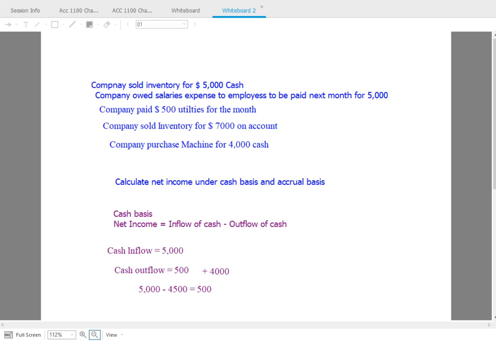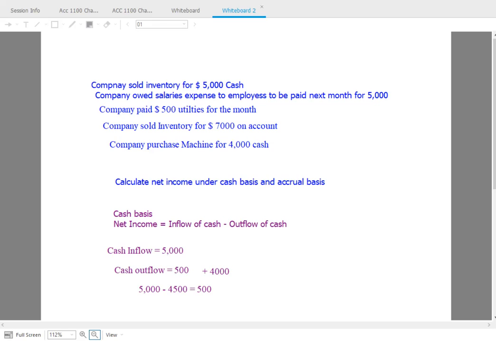So let me use a different color for the accrual basis. Let's calculate on the accrual basis. Under the accrual basis, net income is equal to revenue minus expenses.